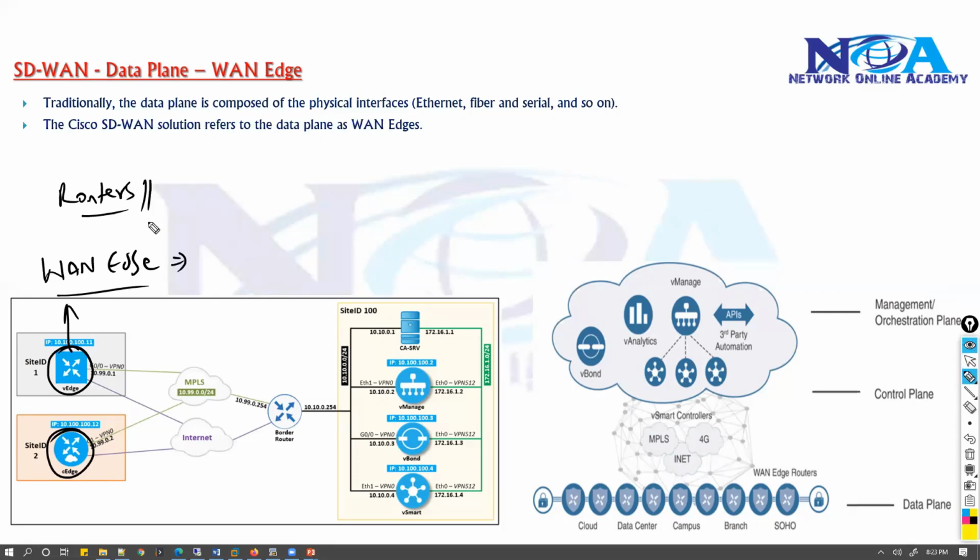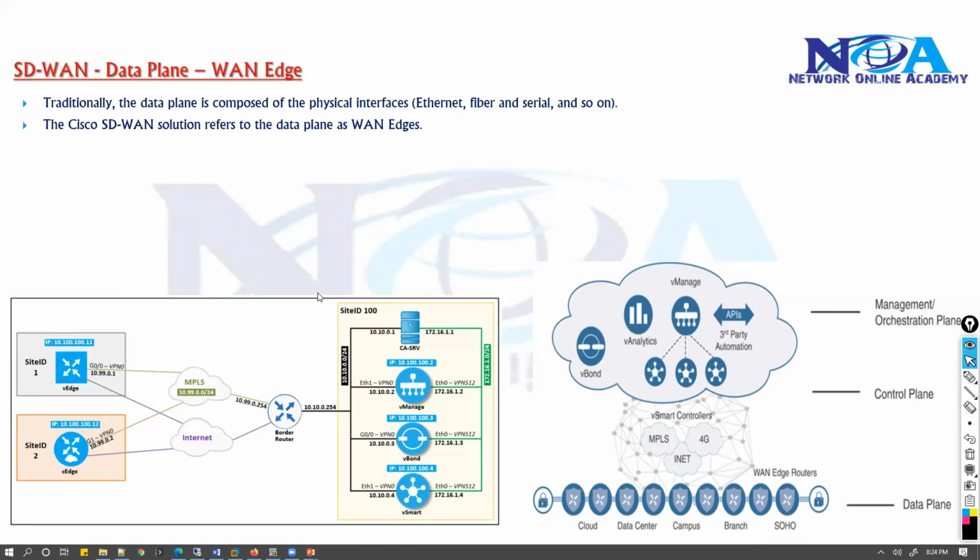These edge devices will be installed at the remote location. That remote location can be any remote branch office, a specific data center, or any remote office. We are going to add some devices, and we call those devices WAN Edge devices. These WAN Edge devices are responsible for doing the forwarding of the traffic between them.